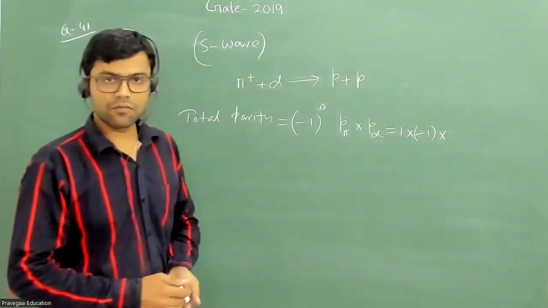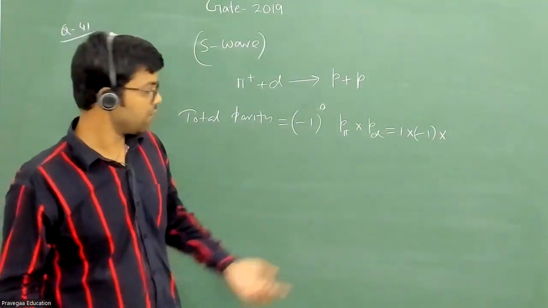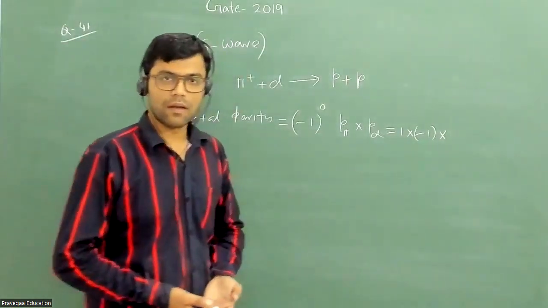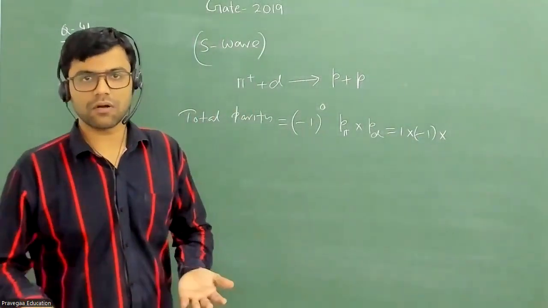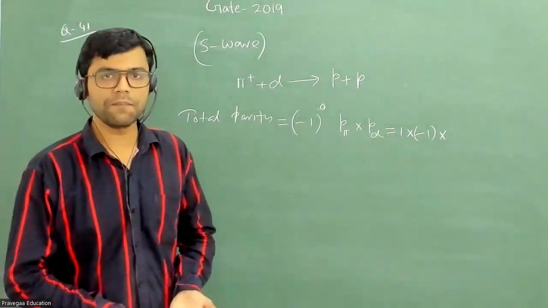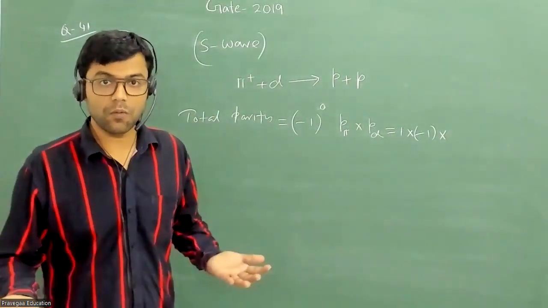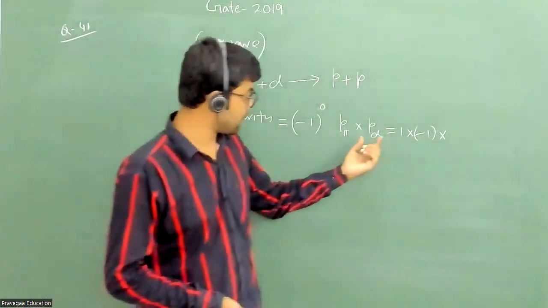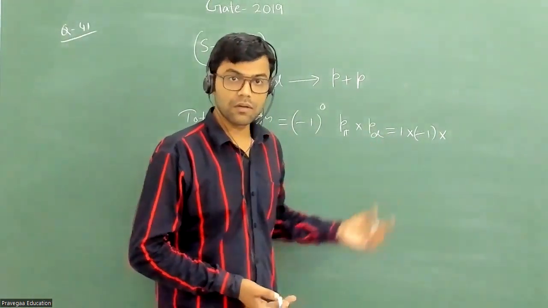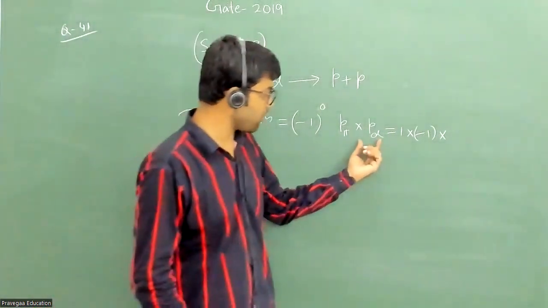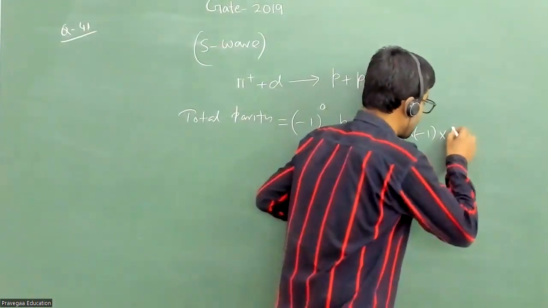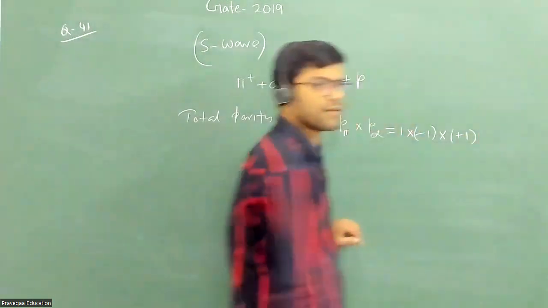But you have to keep in mind, students used to get confused here, about deuteron. If you see deuteron, the number of protons plus neutrons plus electrons will be an even number. So basically it will be a boson. But this is the exception for deuteron. Although it's a kind of bosonic particle, deuteron has even intrinsic parity.